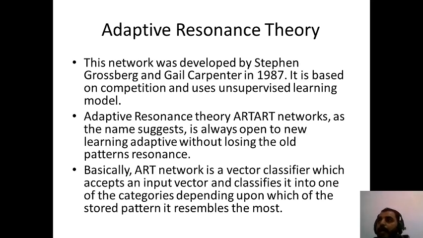In the sense, it will learn a new thing in comparison to the old things that are associated with it. Basically, an ART network is a vector classifier which accepts an input vector and classifies it into one of the categories depending upon which of the stored patterns it resembles the most.